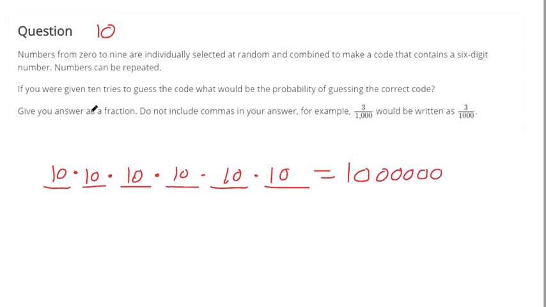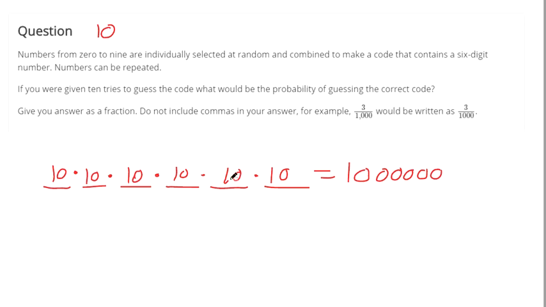So if you're given 10 tries to guess the code, what's the probability of guessing the correct code? Actually, let me think here. I think if you were to eliminate your guesses, so you make your first guess, now there should be only 999,999 options. I don't think Newton wants you to do that because that's going to be a really painful fraction.